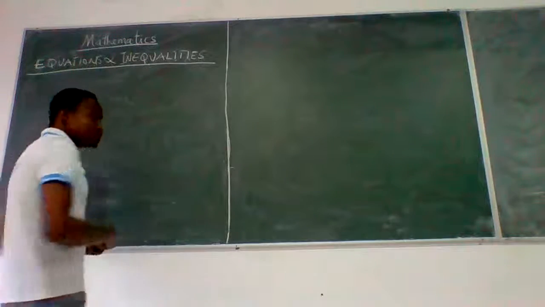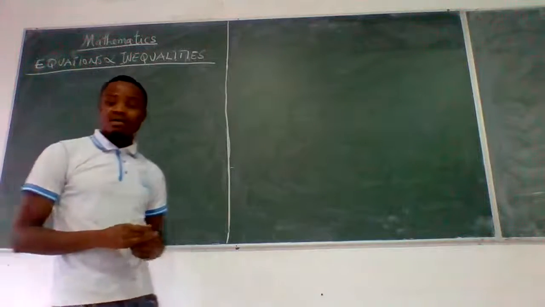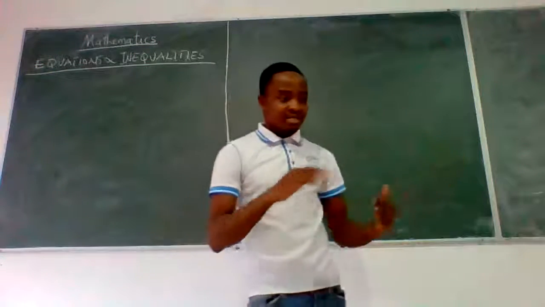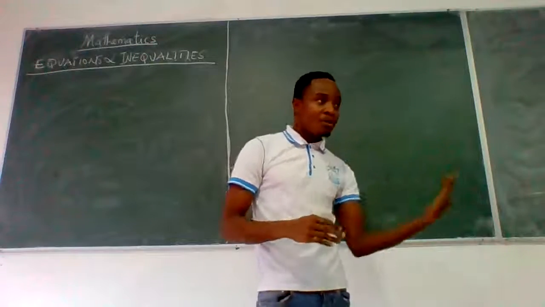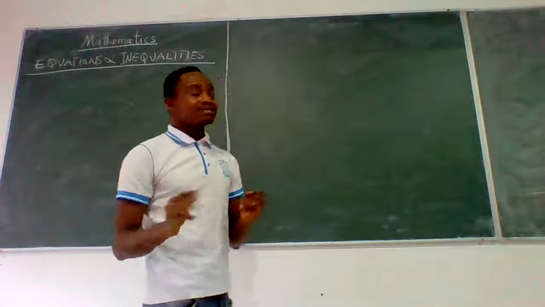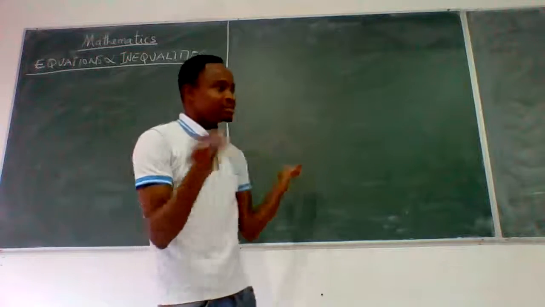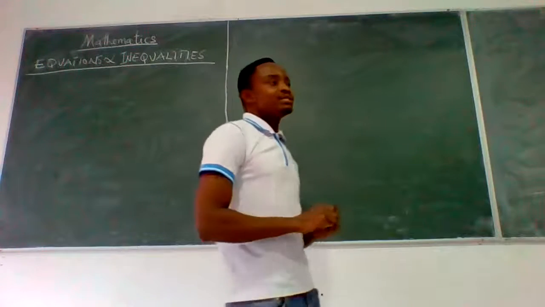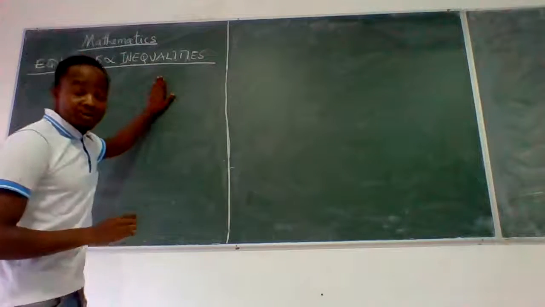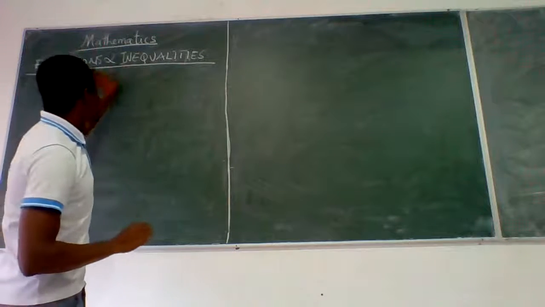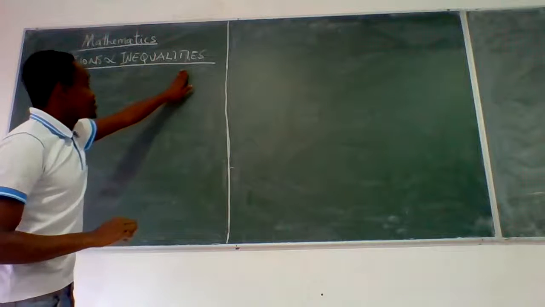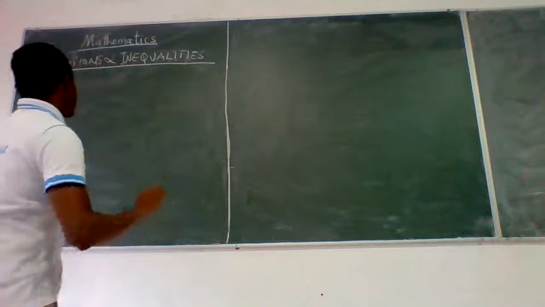In real life, we compare things: we compare this quantity with that, which one is more, which one is less, which one is heavier. So that is where equation and inequality come from, and we will be using these symbols.